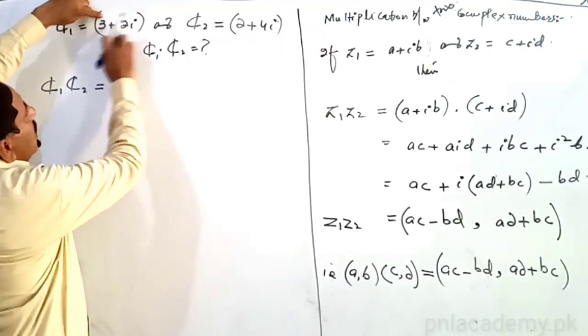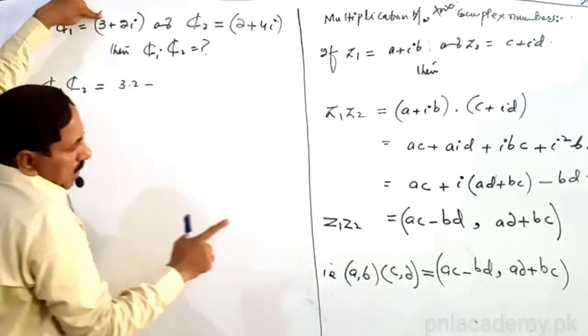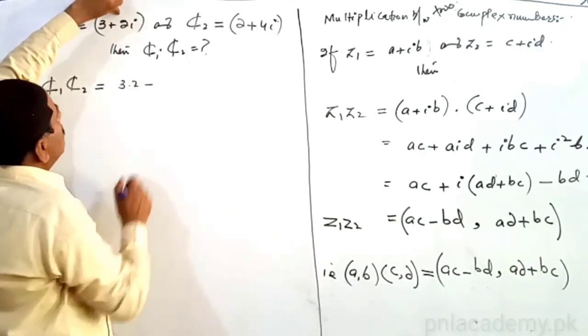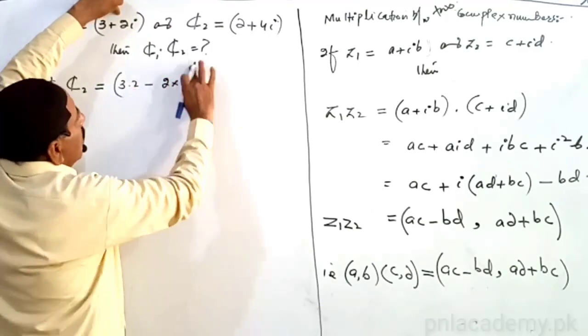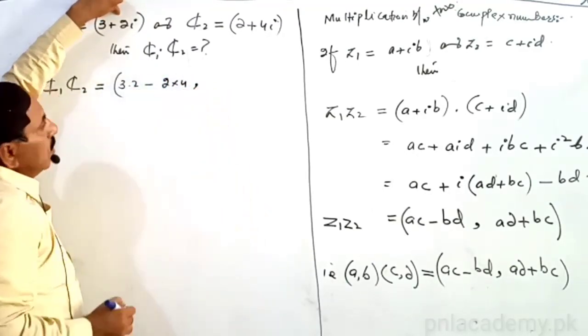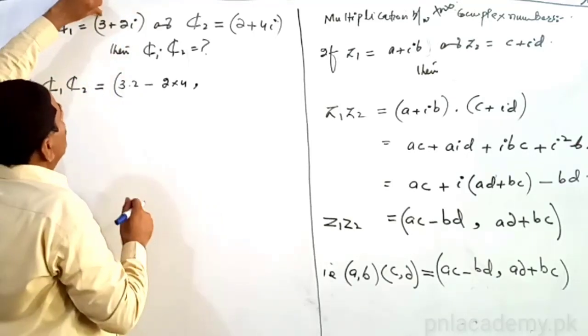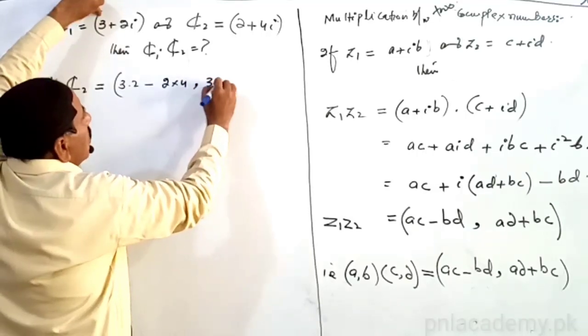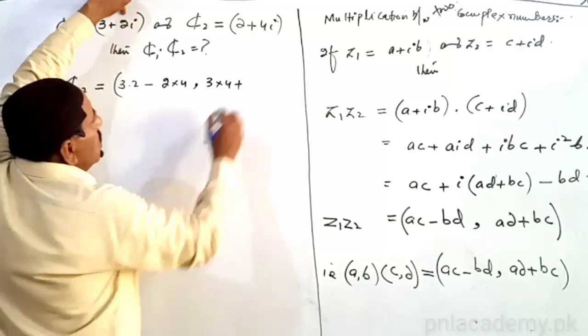AC means 3 into 2, minus BD means 2 into 4. Okay, then AD means 3 into 4, plus BC means 2 into 2.